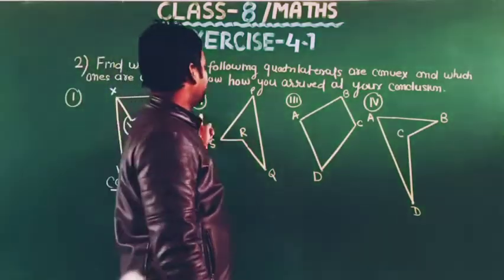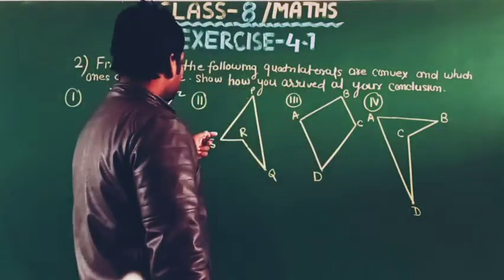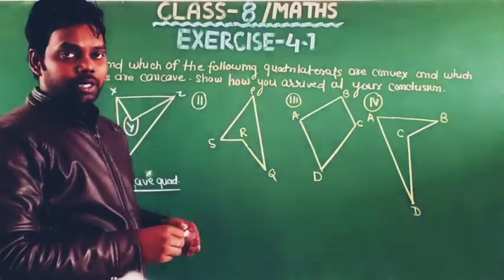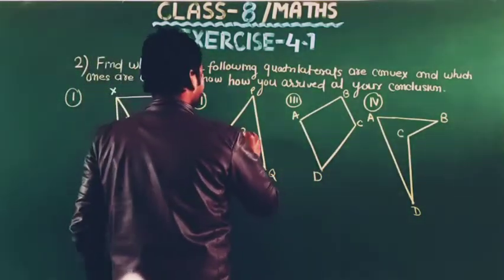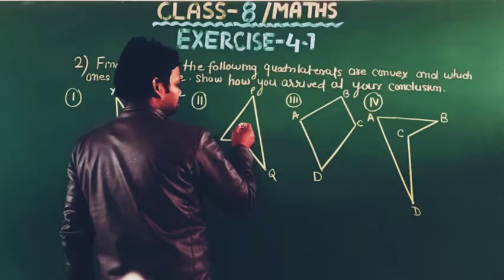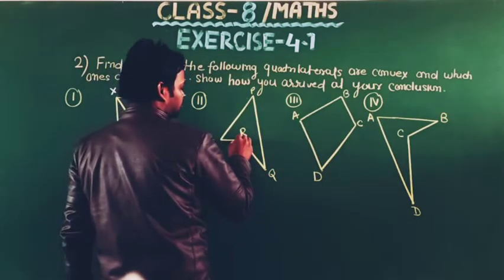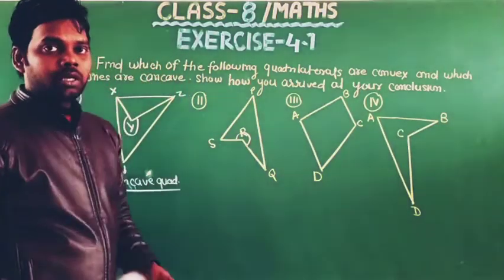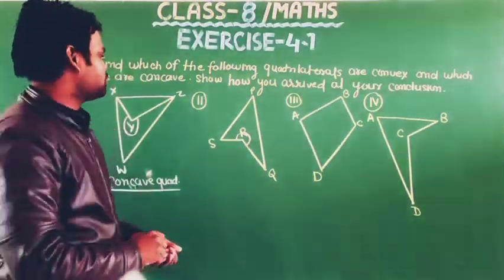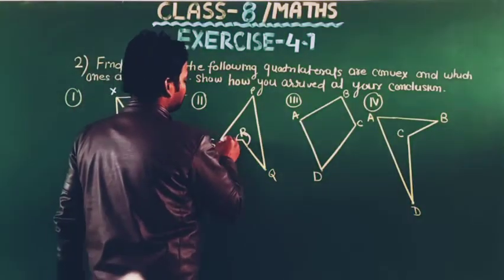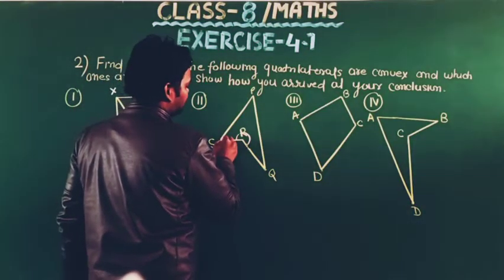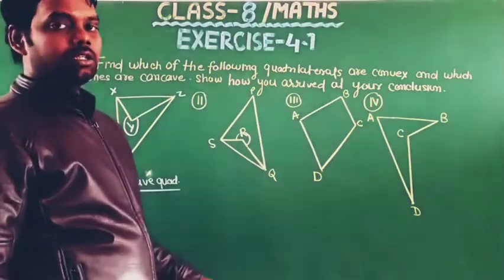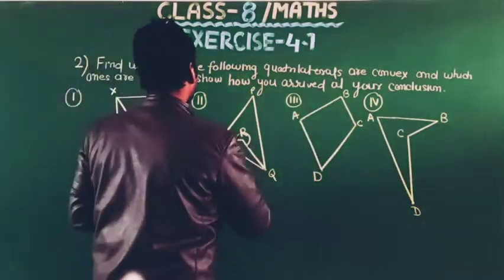Now move to the second figure. This is quadrilateral PQRS, and here one angle of this quadrilateral, at vertex R, is more than 180 degrees. We can also check the diagonal from vertex S to Q lies outside the figure.